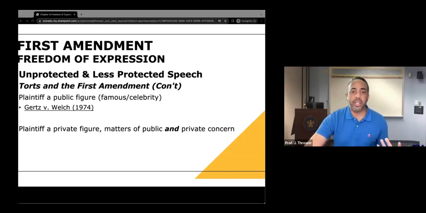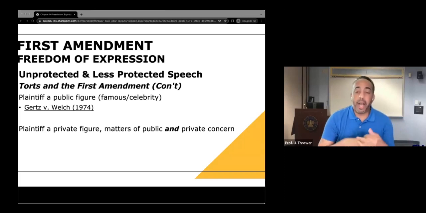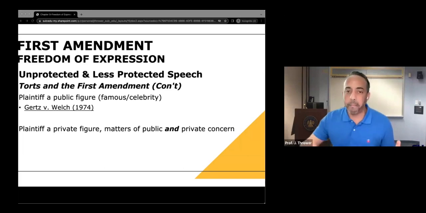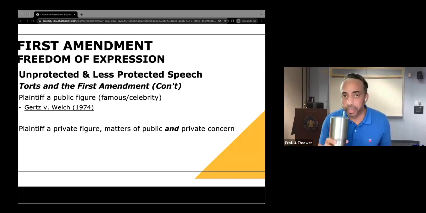And Gertz articulated that private figures, again, are plaintiffs who are not public officials or public figures, right? Gertz also talked a little bit about what a matter of public concern is, right? And it's interesting to note that a matter of public concern has never been defined by the court, but generally it refers to issues in which the public has a legitimate interest.